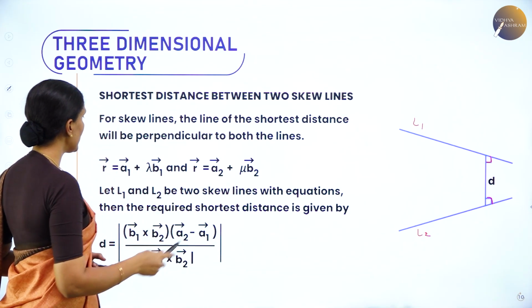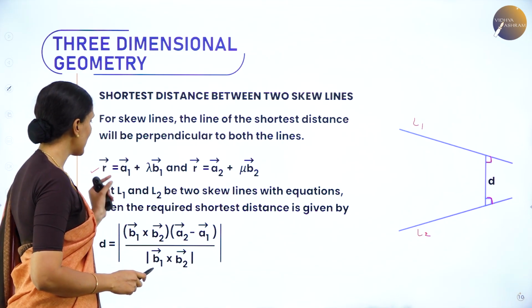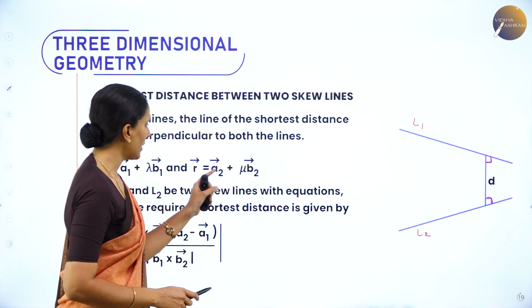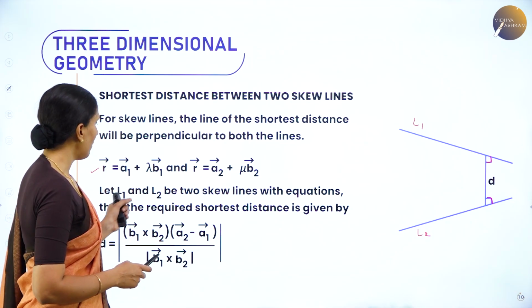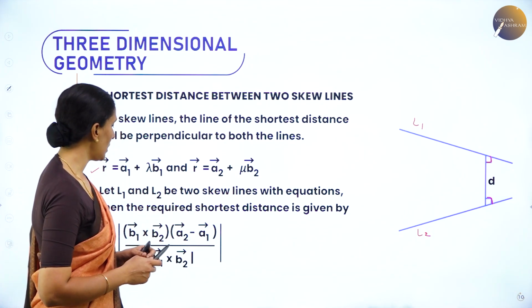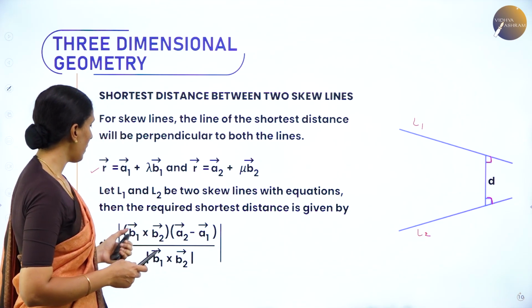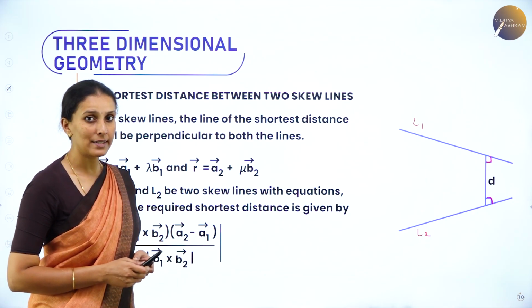Now let us consider line L1 whose vector form is given by a1 plus lambda b1 and another line L2 given by a2 plus mu b2. If L1 and L2 are two skew lines with these equations, then the required shortest distance between them is given by (b1 cross b2) divided by the magnitude of b1 cross b2, dotted with (a2 minus a1).